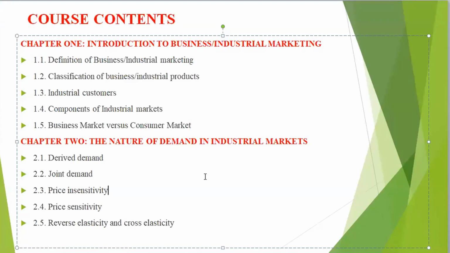Next, we will see the components of the industrial market. In the consumer market, there are different components that constitute the market. Simply, the market is a process.